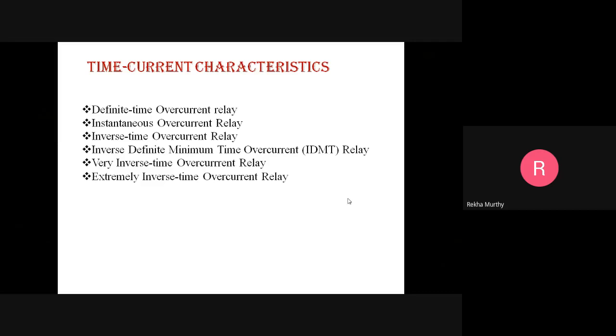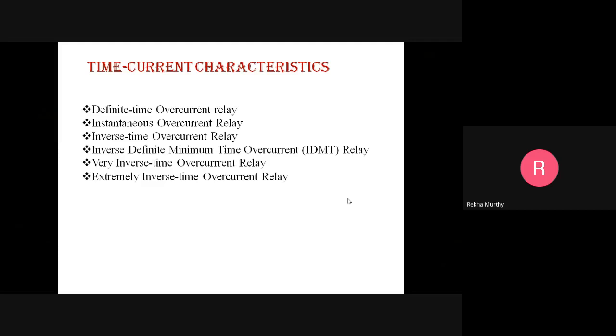In the definite time overcurrent relay, an intentional time delay is applied after the current crosses a certain pickup value. A definite time overcurrent relay can be adjusted to issue a trip output after a definite amount of time, afterwards it picks up. So it will have a time setting adjustment and a pickup adjustment.